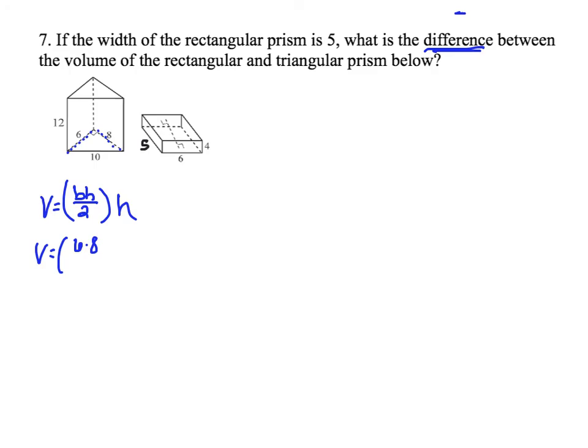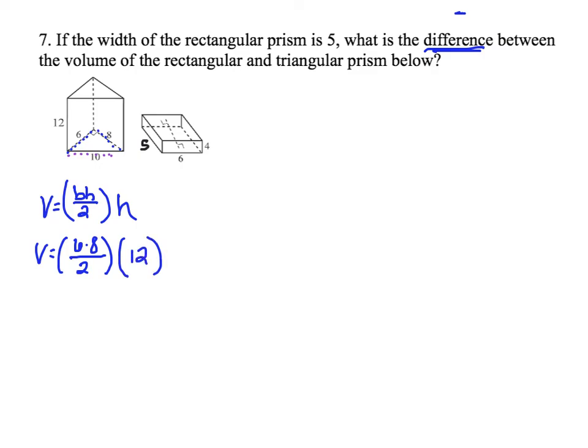If you notice, the 10, while it might look like it's on the bottom, it doesn't form a right angle, which means it cannot be the base or the height. So the 6 and the 8 are going to be the base and the height. Since it's a triangle, we need to divide that by 2, and 12 is the height of the whole figure.